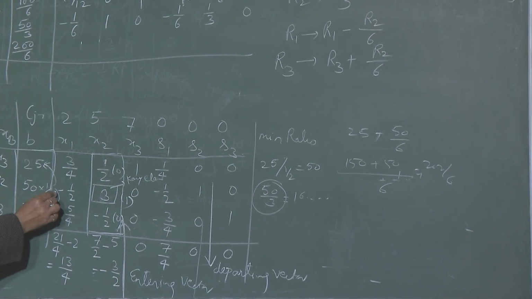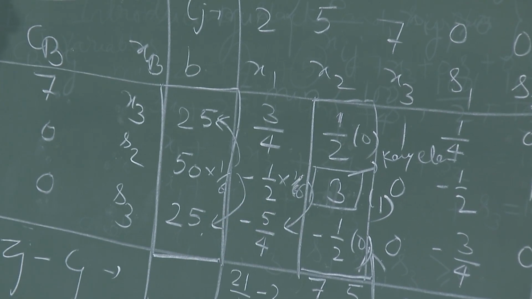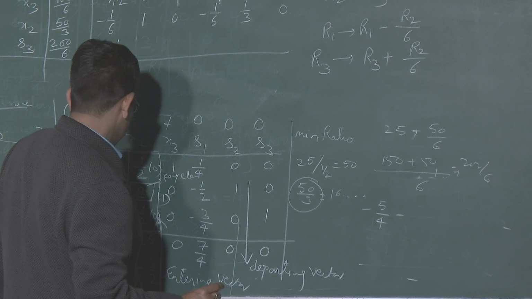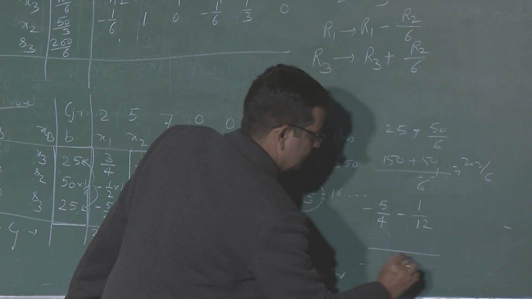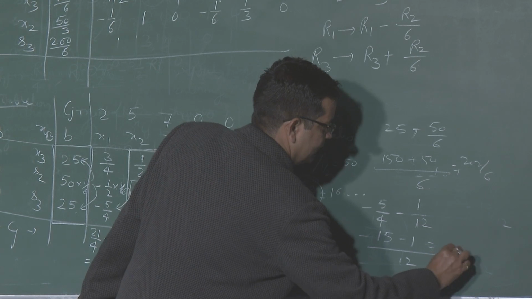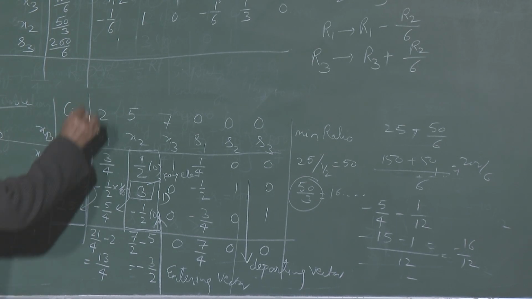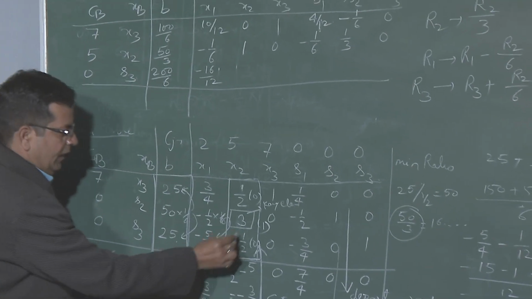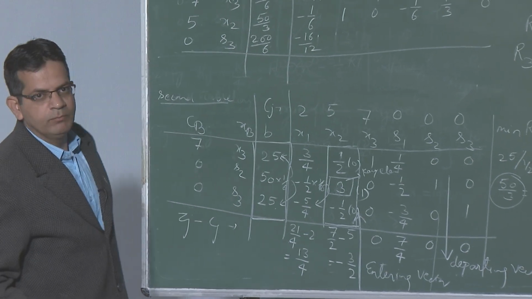Now here we have 1 by 6, 1 by 2, when we multiply it by 1 by 6 and then add. So what answer will we have? Minus 5 by 4 minus 1 by 12. When we take the LCM, we will have minus 15 minus 1, it is minus 16 by 12. Then here 3, when we multiply it with 1 by 6, we have 1 by 2, when we add with minus 1 by 2, it becomes 0.